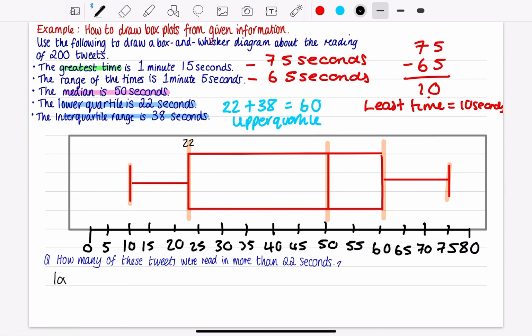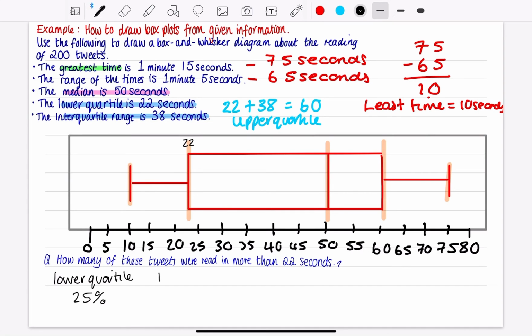The lower quartile is our 25% mark. So if 25% were read in 22 seconds, how many were read in more time than that? It would be what's left.